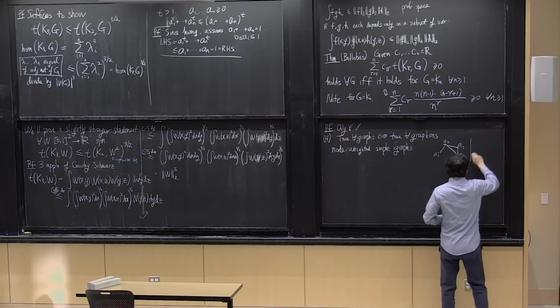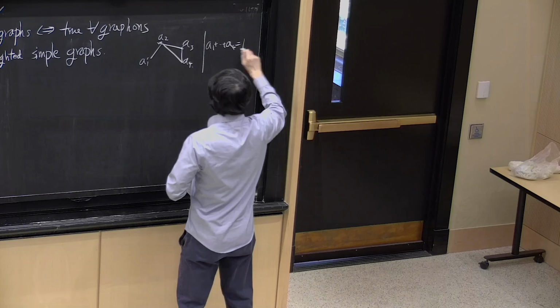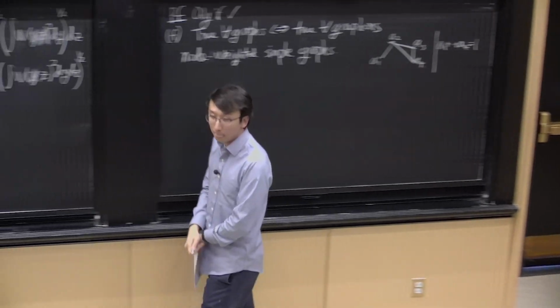And to normalize things properly, I'm going to assume that the nodes' weights add up to 1.